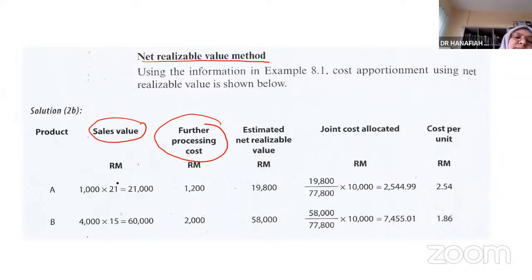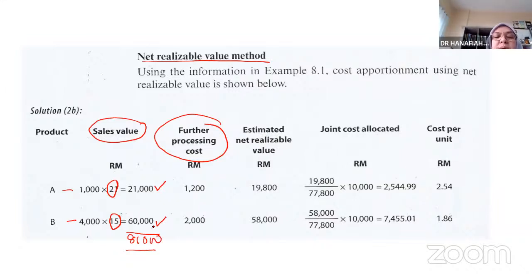However, the sales value after further process. So it is 21 ringgit and 15 ringgit. The unit still the same, 1,000 times 21 and 4,000 times 15. Now, the total is how much?